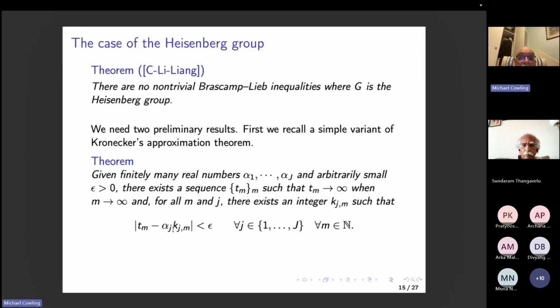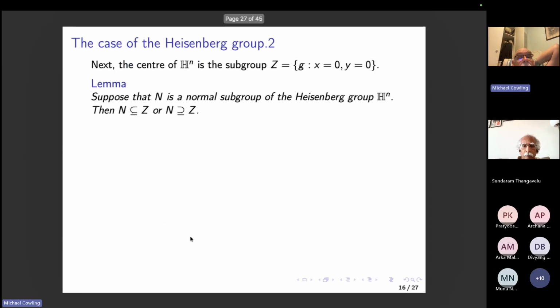So Tm is close to an integer multiple of alpha 1, it's close to an integer multiple of alpha 2, close to an integer multiple of alpha 3, and so on. This is a very standard theorem in number theory and has been known for 100 years at least. So that's one of our ingredients.